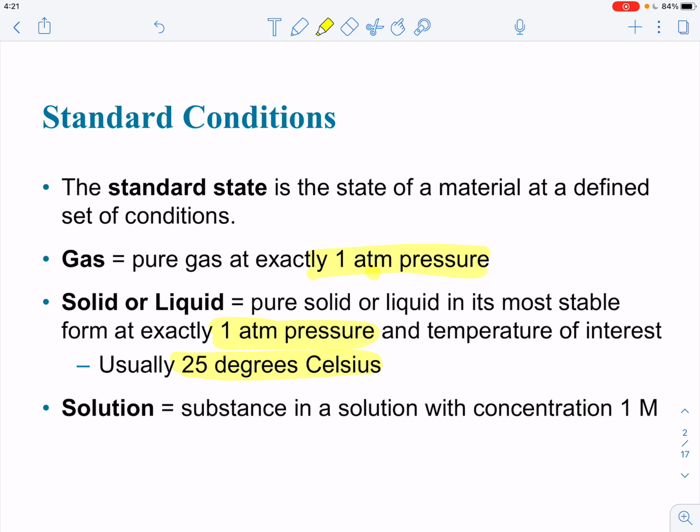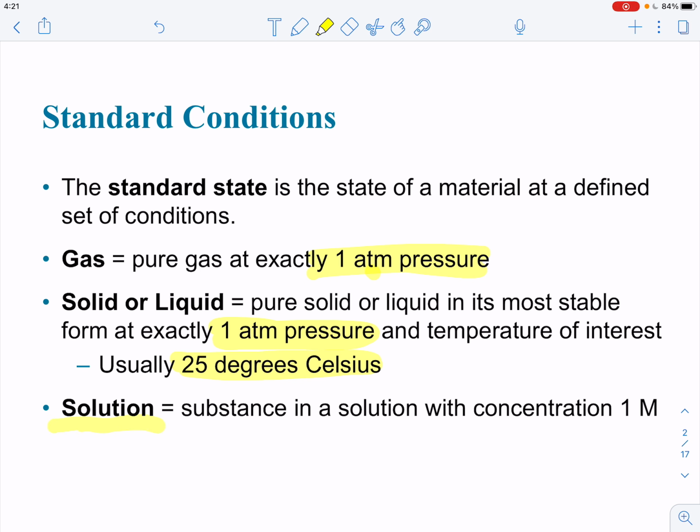So normally what you're going to find in tabulated tables is that those values, in this case entropy values, will be tabulated at 1 atmosphere of pressure and 25 degrees Celsius.